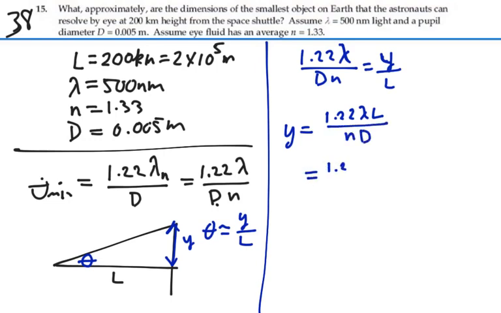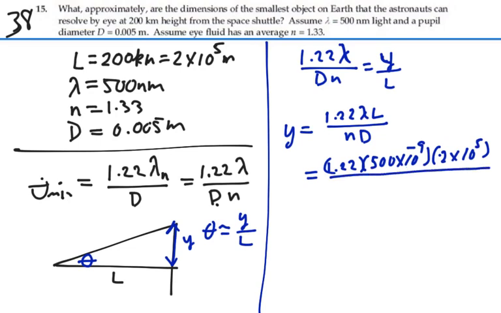That's going to be 1.22 times the wavelength, 500 nanometers, times L, which is 2 times 10 to the 5 meters, over the index of refraction of the fluid in the eye, 1.33, and the diameter of the pupil, 0.005, 5 millimeters.